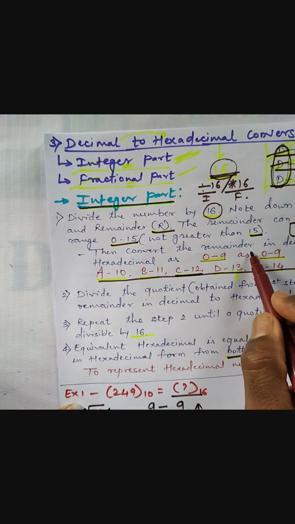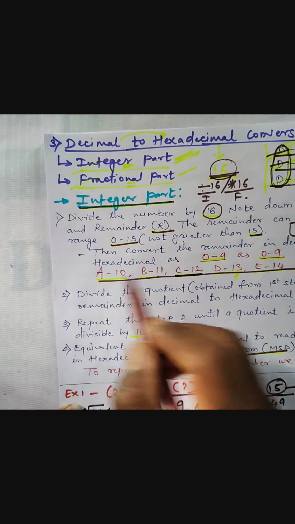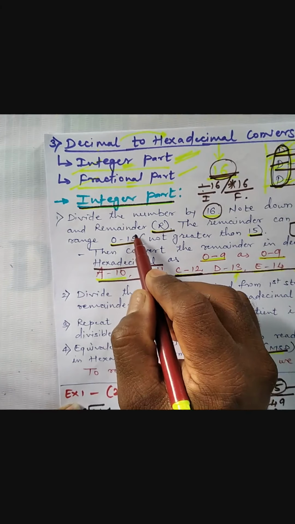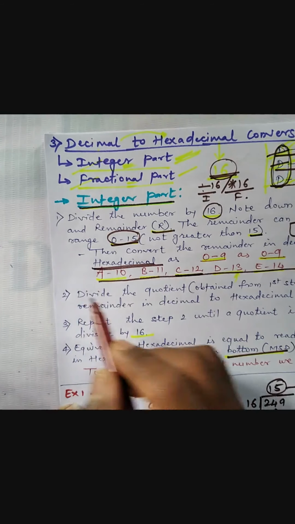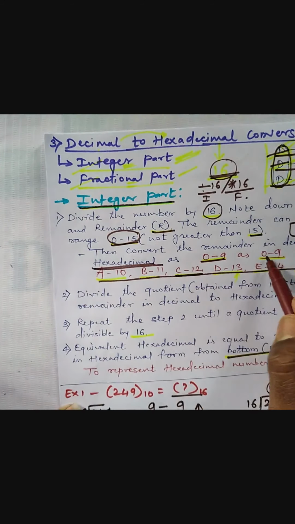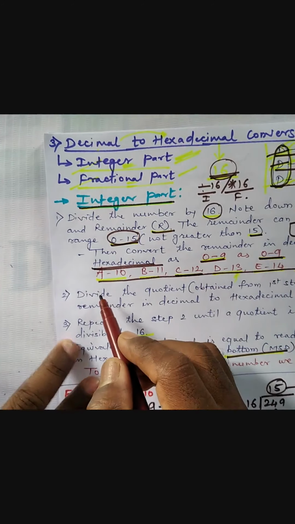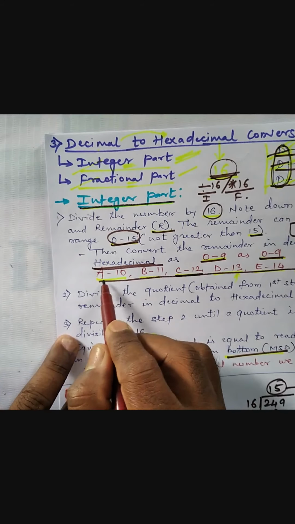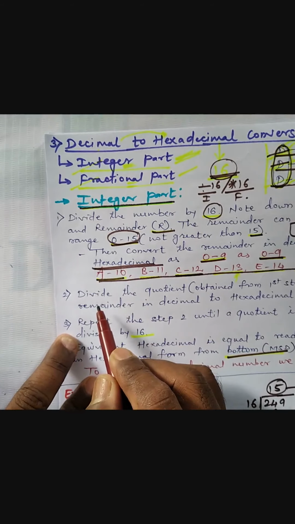Then convert the remainder from decimal to hexadecimal. Whatever remainder we have obtained, which is in the range of 0 to 15, we are supposed to convert into hexadecimal. For 0 to 9 it remains 0 to 9 respectively, and if it is 10 or above and up to 15, then we have to replace it by these alphabets.